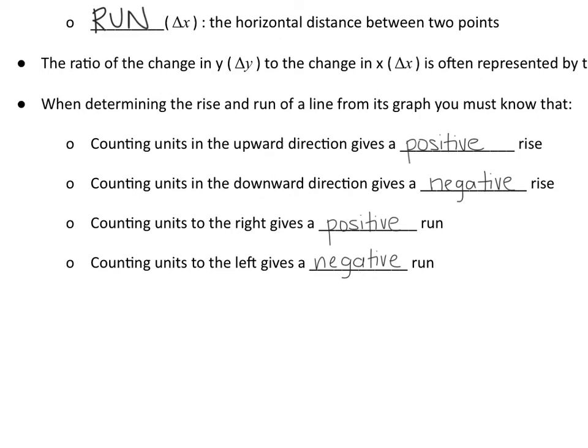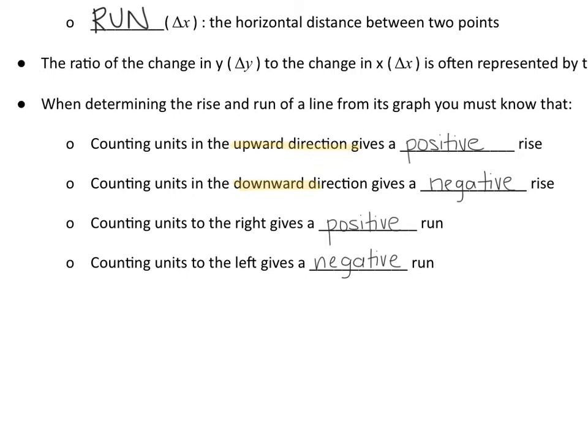So just take note of the fact that when we are looking for the rise, we are counting in an upward or downward direction. If we're counting in an upward direction, we're going to assign a positive value. If we're counting in a downward direction, we're going to assign a negative value.